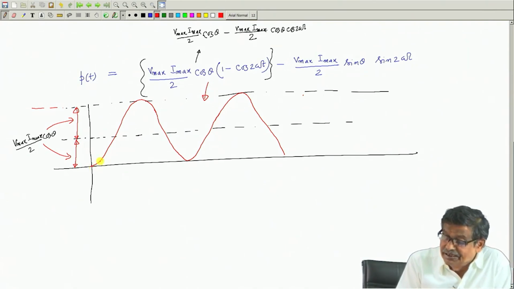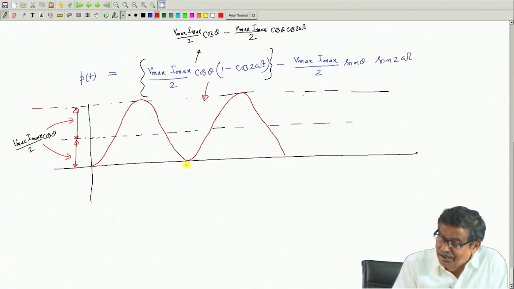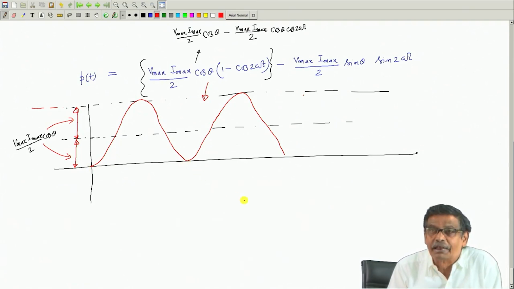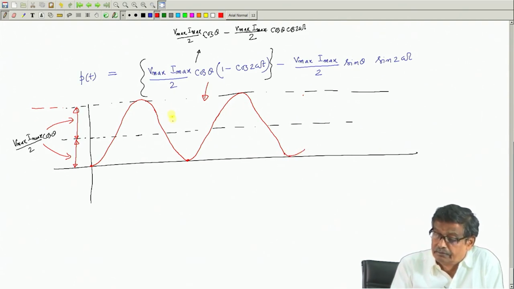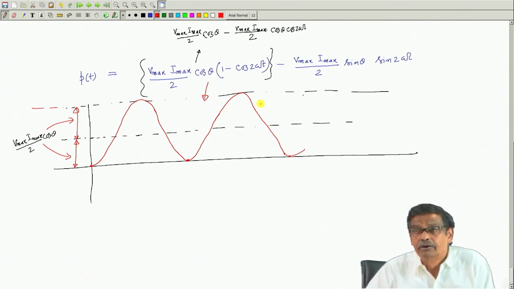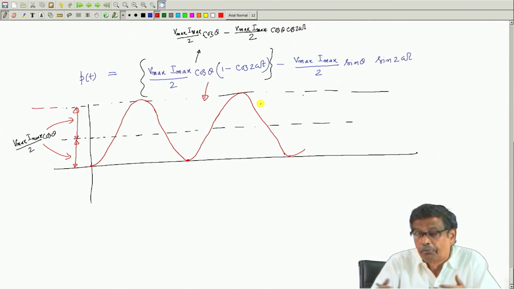And you see this quantity will never cross 0 and come negative. At best it can become 0 at some times. So, this term basically tells you that power absorbed by the circuit is always positive.